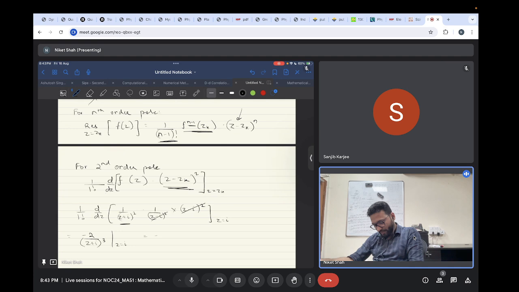So this is equal to minus 2 divided by 2i the whole cube, which is minus 2 divided by 8 into minus i, which is 1 by 4i, equal to minus i by 4.